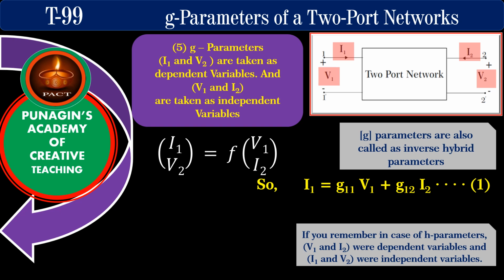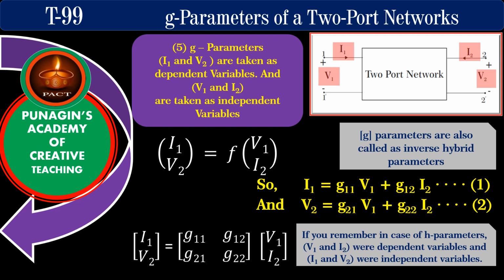The first equation is I1 is equal to G11 V1 plus G12 I2. The second equation is V2 is equal to G21 V1 plus G22 I2. These two equations 1 and 2 are written in the form of a matrix, and this 2 by 2 matrix is called the G parameter matrix or inverse hybrid parameter matrix.